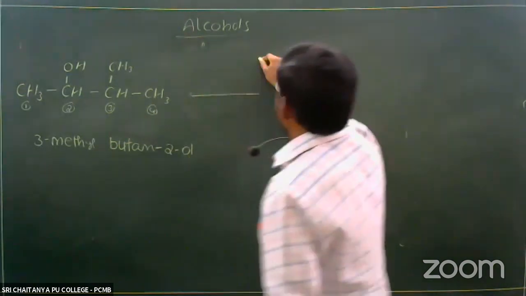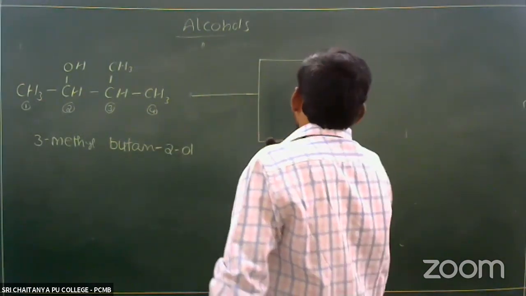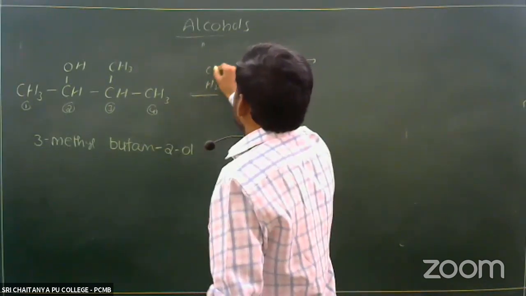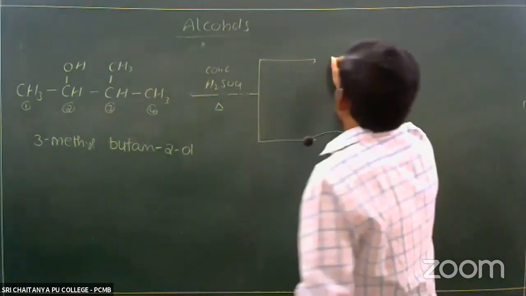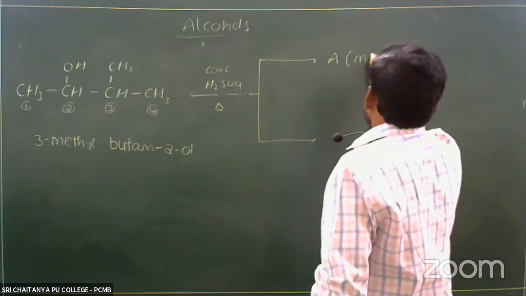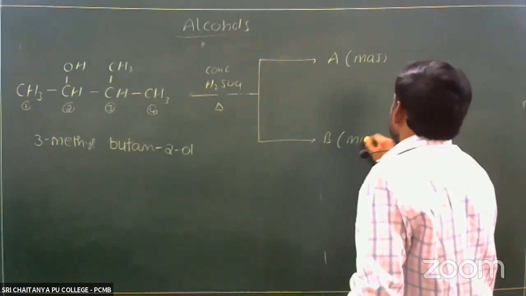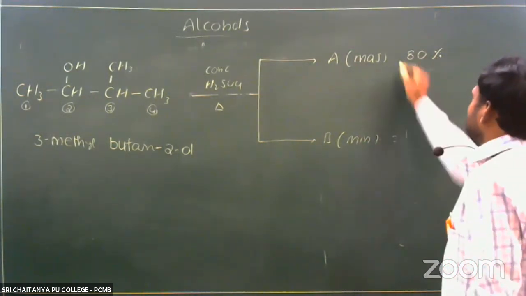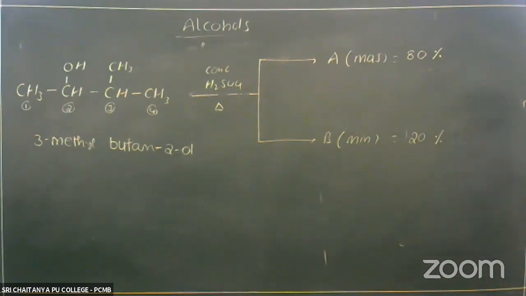On heating with concentrated sulfuric acid, it forms A, which is considered the major product, and B, the minor product. The percentage of major product is nearly 80%, and the minor product nearly 20%. So what are A and B?